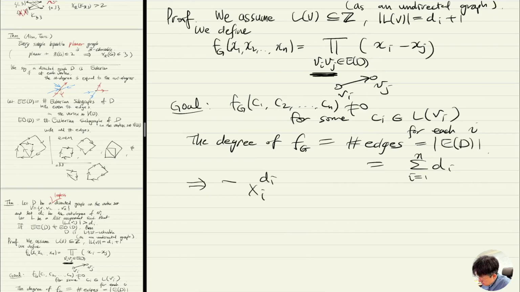if we have a term like this, this monomial achieves the maximum degree. So for us, it's enough to prove that the coefficient of this term, this monomial, is non-zero.